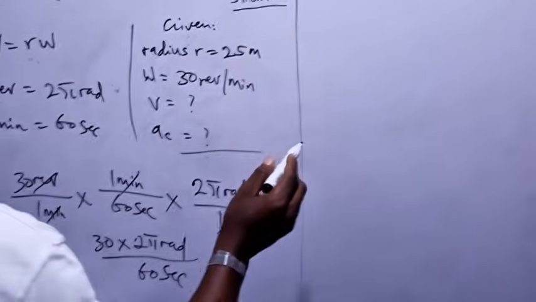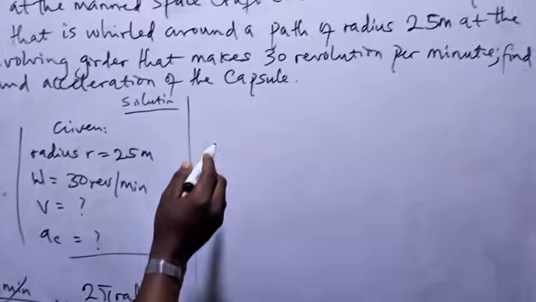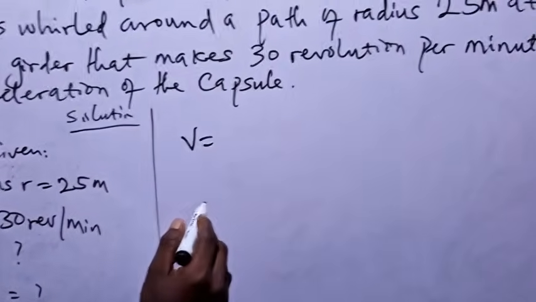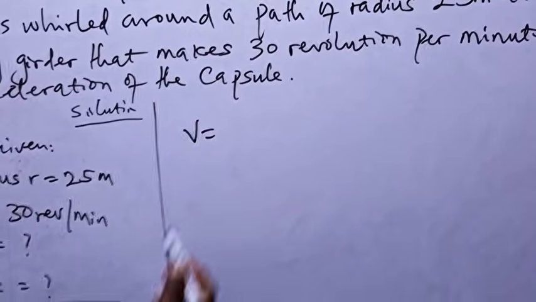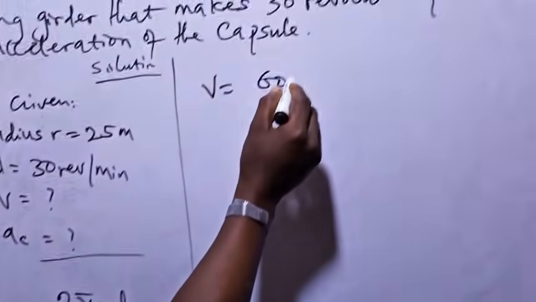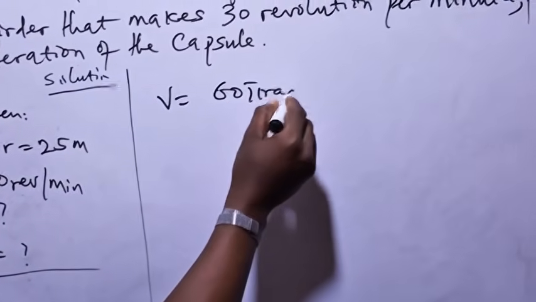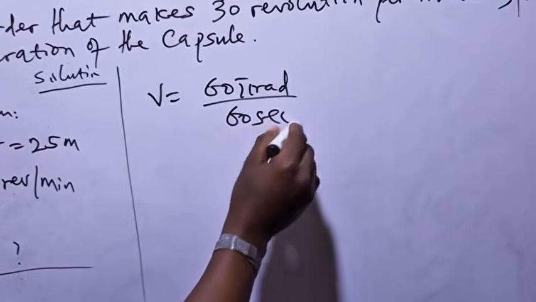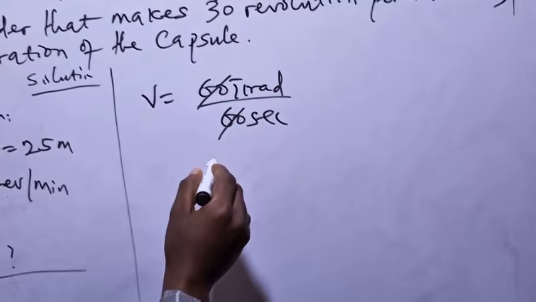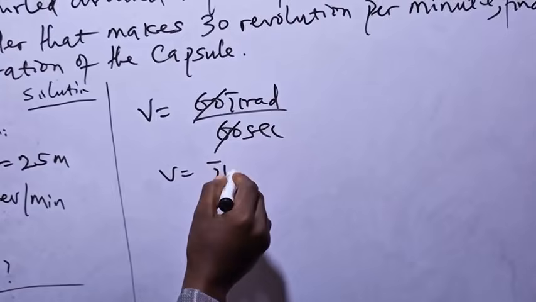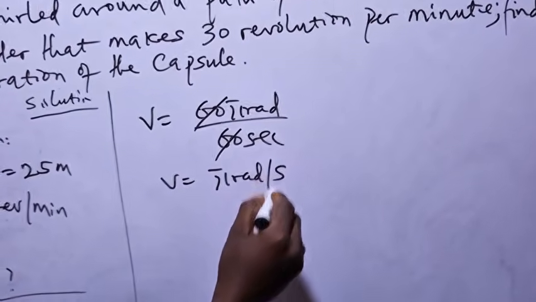Now, if you multiply this, we'll have that velocity here will be 30 times 2, which is 60 pi radians over 60 seconds. 60 will cancel 60, and velocity will be left with pi radians per second.